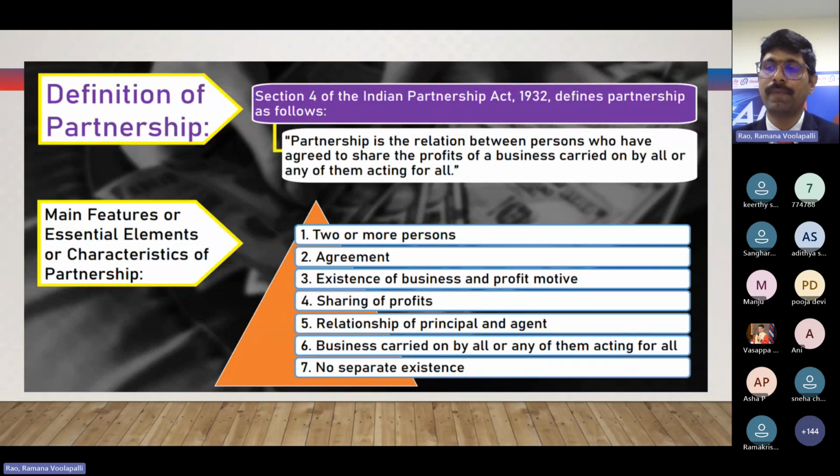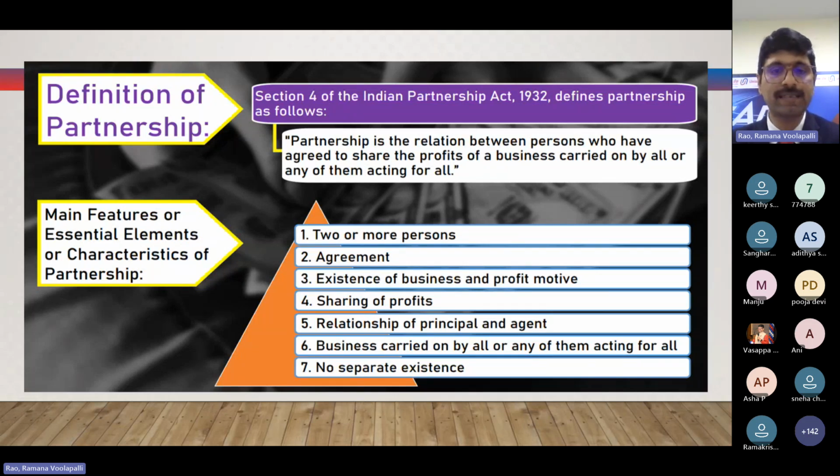This protects third parties who act in good faith and rely on the apparent authority of the partner. So this is a brief on the agent and principal part.